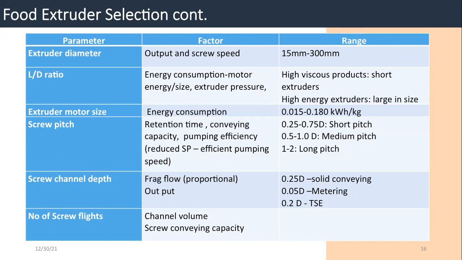So the scope is important. Before purchasing the extruder, it is important to determine the scope and then select the extruder. And if we can get an extruder with customization options, with different shafts, different dies, it is very important.